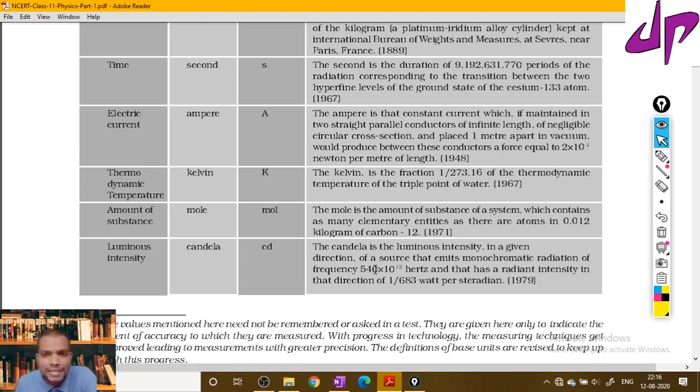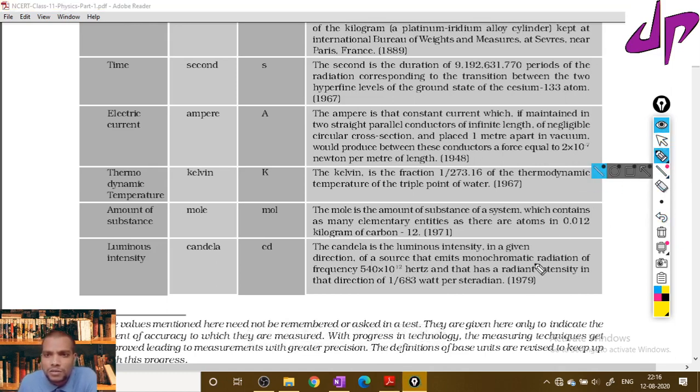The candela is defined as the luminous intensity in a given direction of a source that emits monochromatic radiation of a given frequency. These words are not known to us, but I can guarantee that when the right situation comes, I would like to explain that at that time.